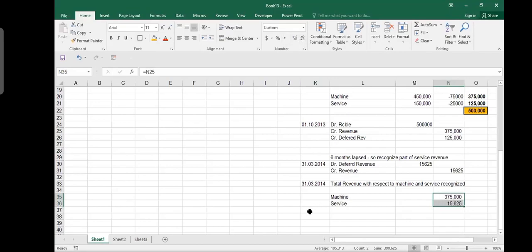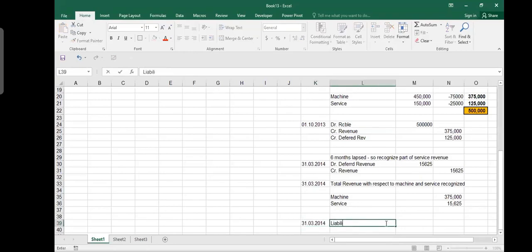And on 31st of March, you have a liability of deferred revenue. This service revenue liability, how much do you have? Your total service revenue was 125 and 15,625 you have taken in your books. So I put it here.